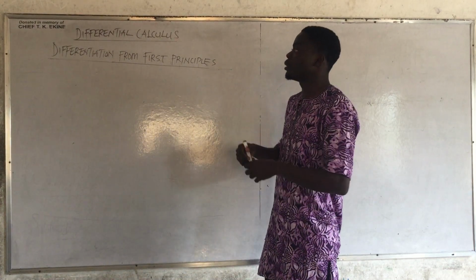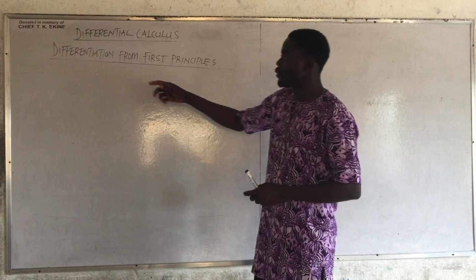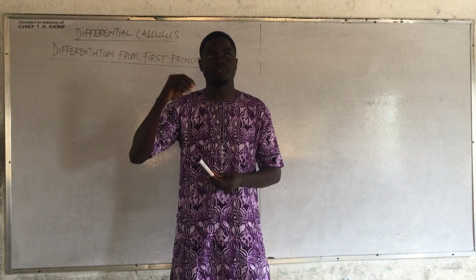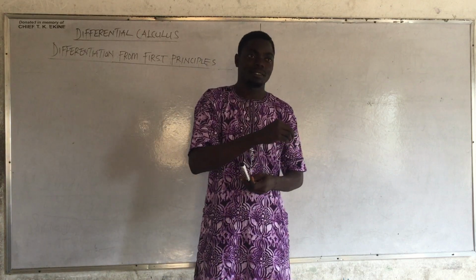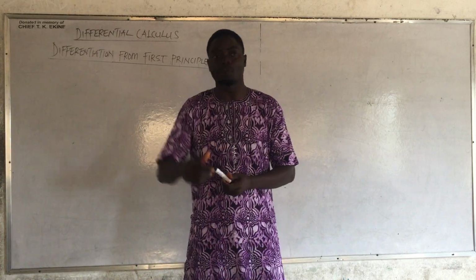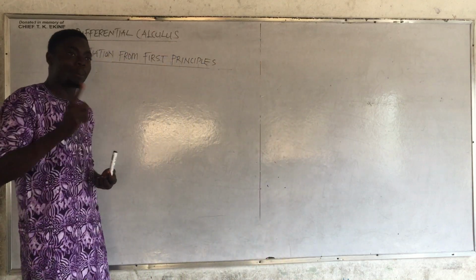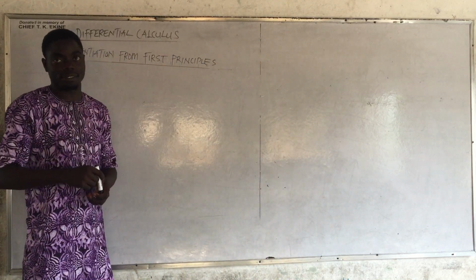Now, I'll be talking about differential calculus, specifically differentiation from first principle. Students have difficulty differentiating from first principle. One of the things you need to know is that every point has coordinates.